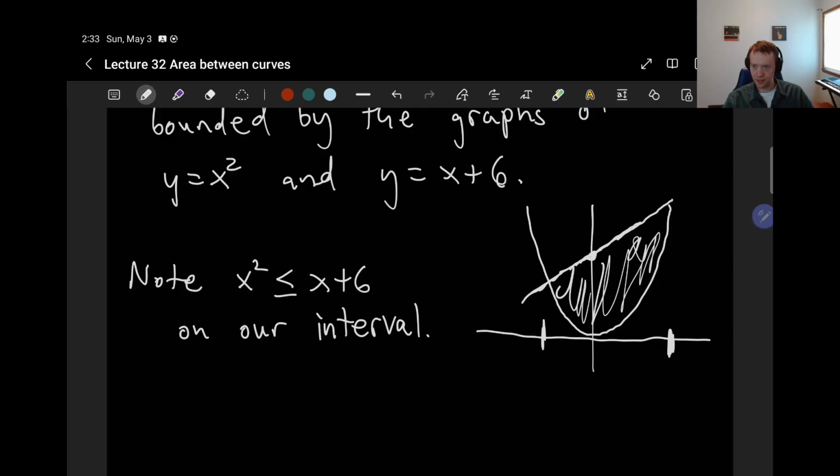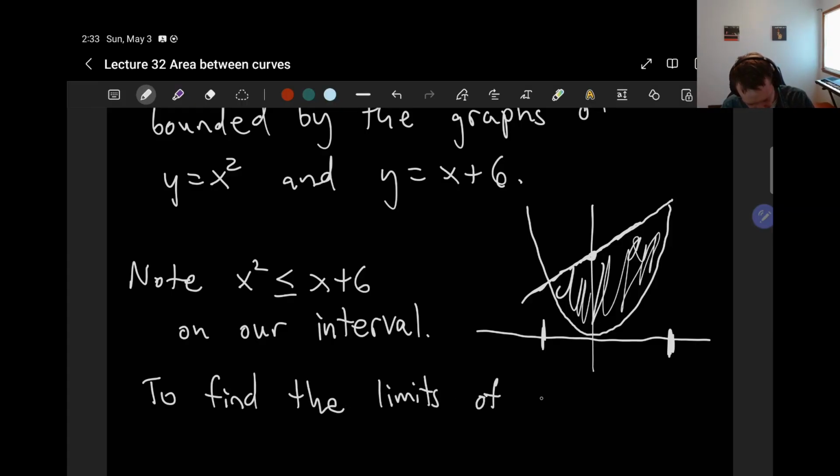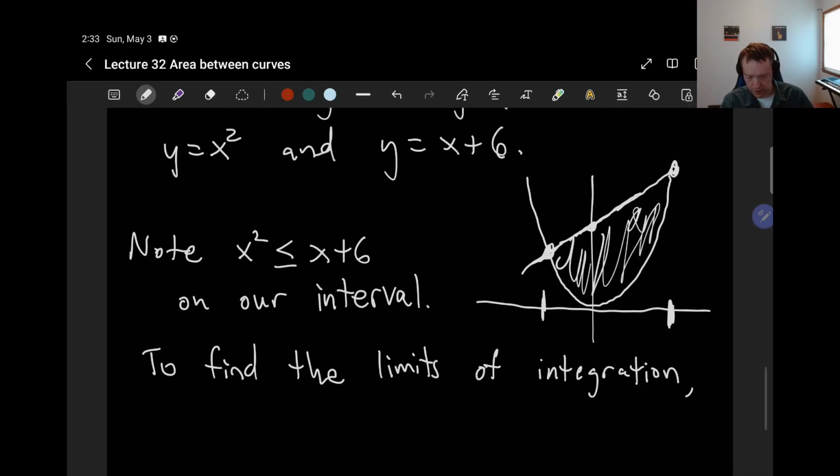Well, how do we find those? To find the limits of integration, notice that that's going to be where these two curves intersect. So we find the intersection points, in particular the x values where they intersect.